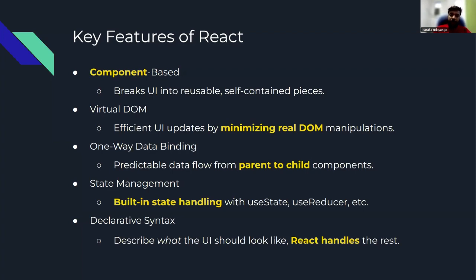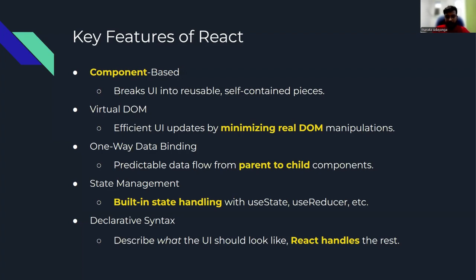And React is about one-way data binding. Normally the data flows from parent to child, but anyway we can pass data from children to parent as well. We can learn about that as well. And then state management. If you are familiar with React, you should already be familiar with words like useState, useReducer, useEffect.